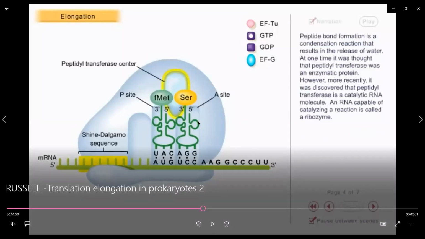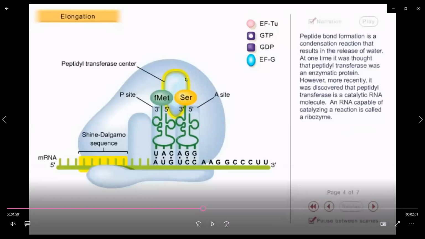Before getting into that part, let us talk about this peptidyl transferase. Initially it was thought to be an enzymatic protein, but recently it has been shown that this peptidyl transferase is nothing but a catalytic RNA molecule. We studied such catalytic RNA molecules when we did the spliceosome machinery during transcription. And if you remember, I had said that these catalytic RNAs are known as ribozymes.